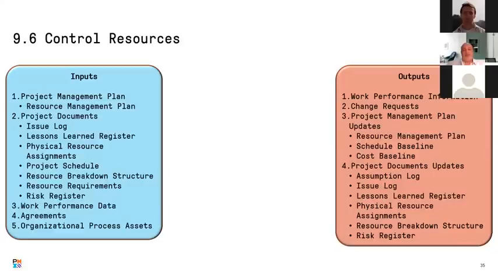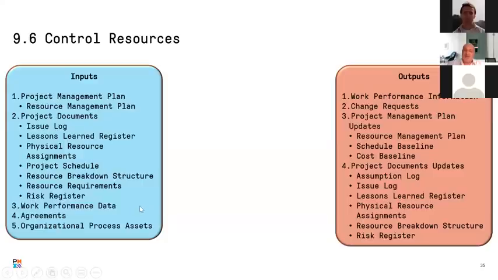So you need the agreement in order to make sure that what you are doing in controlling this resource is already mentioned there. Number 3 here is the work performance data. And as a standard, and you'll find it in many other processes, while you're having the work performance data in the input, you'll always have the work performance information in the output.